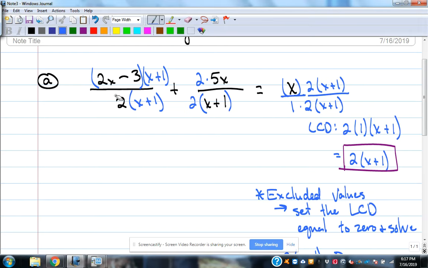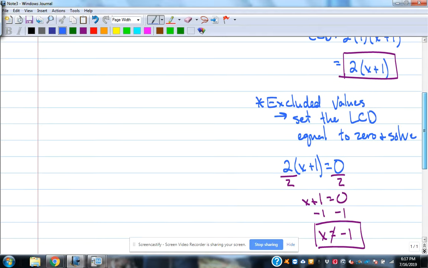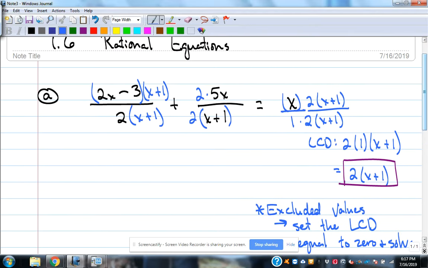Now we see on the denominator, we've got a 2 and an x plus 1, a 2 and an x plus 1, and 1 times 2 is 2 and an x plus 1. We've got the denominators all the same. We've done the hard work of getting the denominator the same. We did this extra work over here to find those extraneous solutions, so that if we get a negative 1, we know we're going to throw that out. What that allows us to do is then just take the numerator equation.